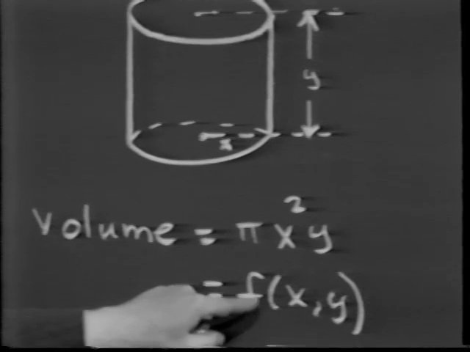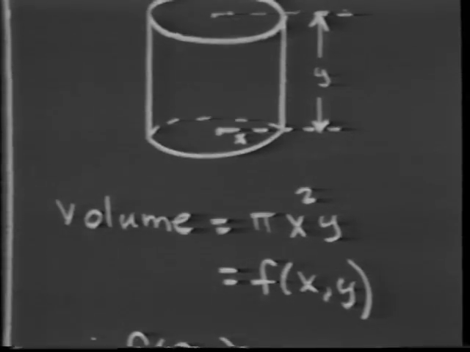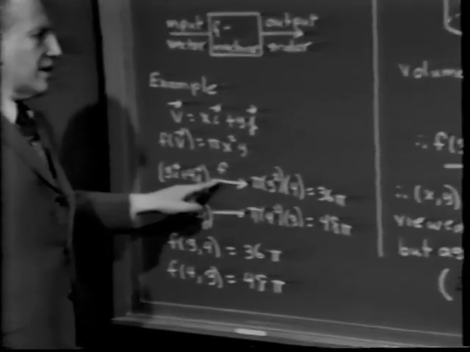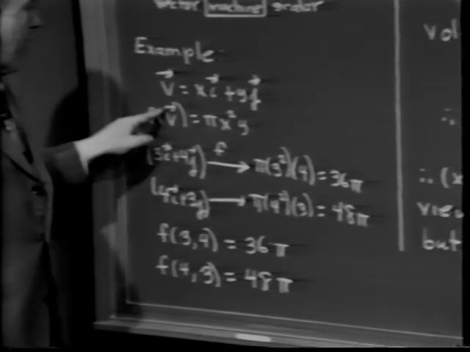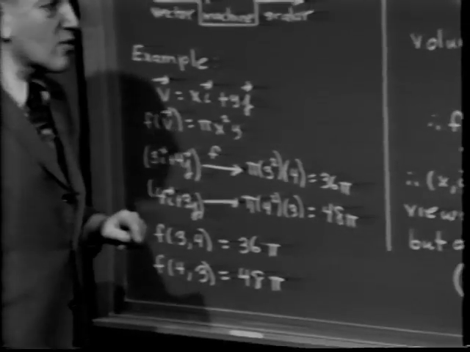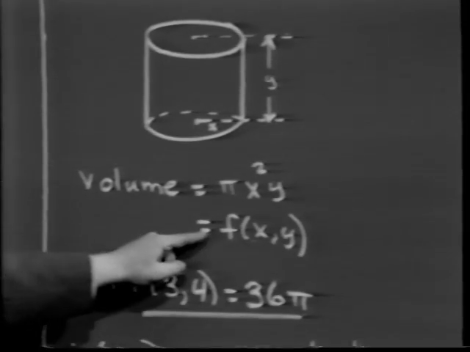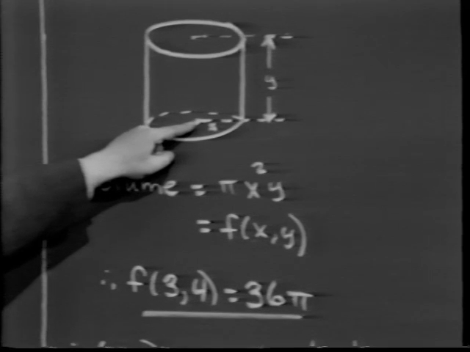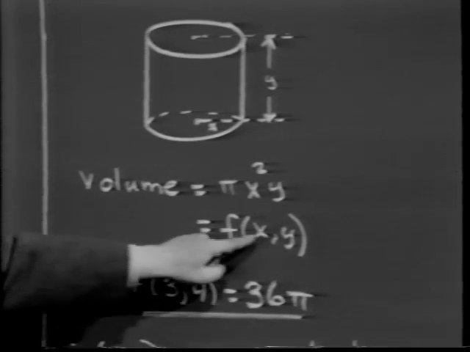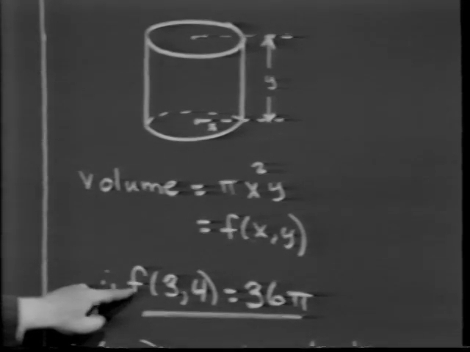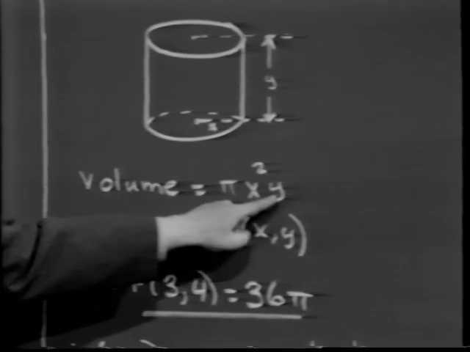If I use the same f that we used previously, given that the input was x comma y, the output was pi x squared y, so the volume is f of x comma y. In particular, if I want the volume of the cylinder whose base radius is 3 and whose height is 4, with x being 3 and y being 4, what I really want is f of 3 comma 4, that's pi times 3 squared times 4.